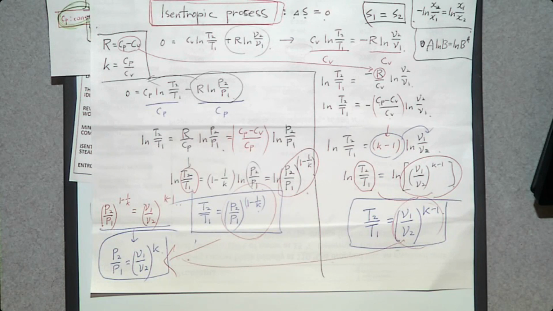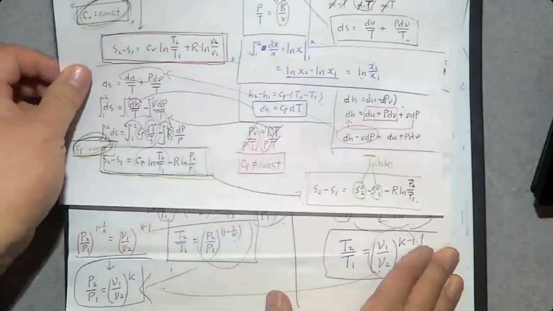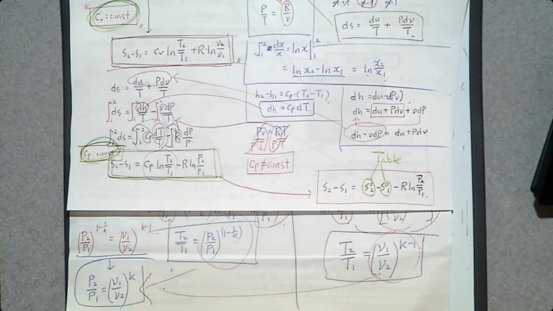You can use these three equations whenever you have an isentropic process. So when entropy remains constant, then to study pressure-volume relation, this one, temperature-pressure, this one, temperature-volume, this one. But there is only one assumption. We got these three equations assuming that specific heat is constant. So these three equations are only valid when we assume specific heat is constant.